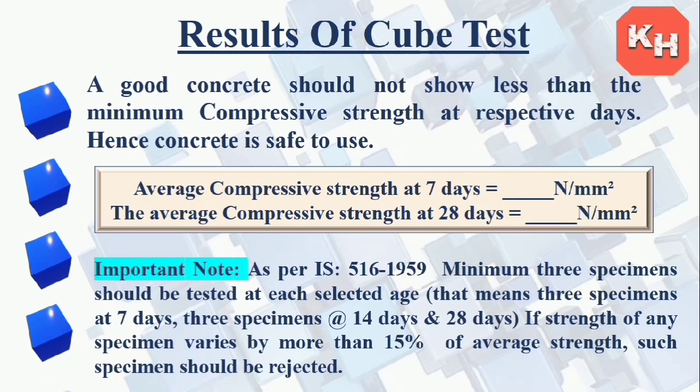As per Indian Standard 516/1959, minimum 3 specimens should be tested at each selected age. That means 3 specimens at 7 days, 3 specimens at 14 days and 3 at 28 days. If the strength of any specimen varies by more than 15% from the average, such a specimen should be rejected.